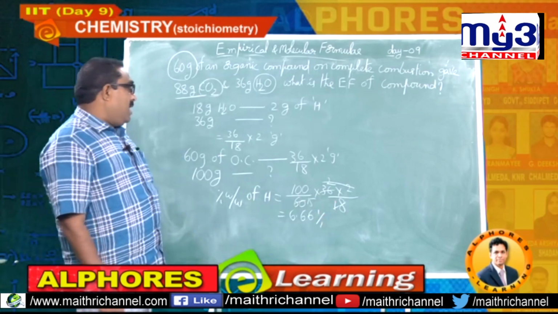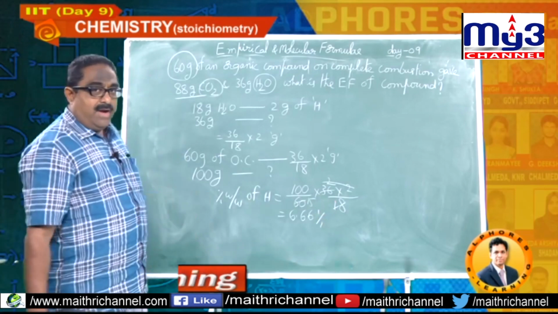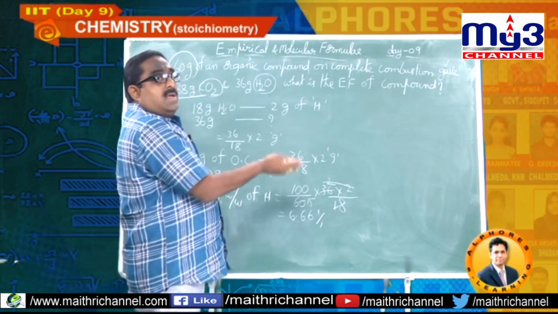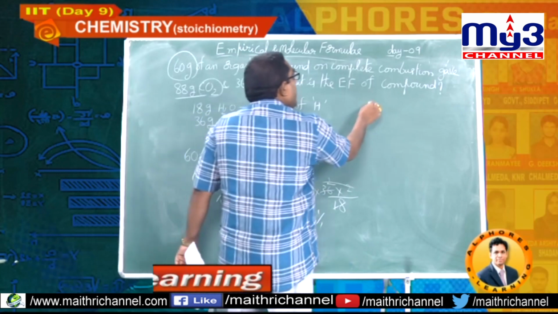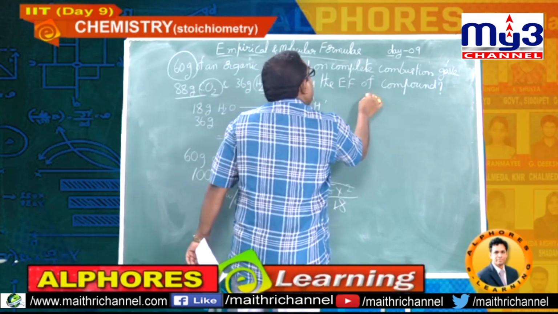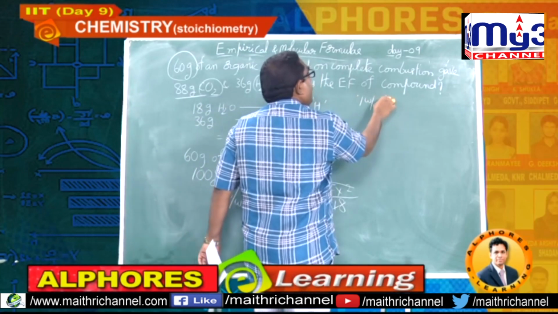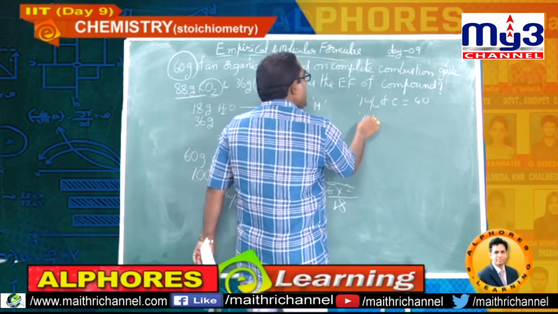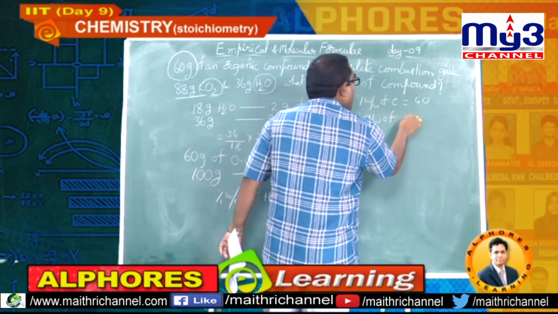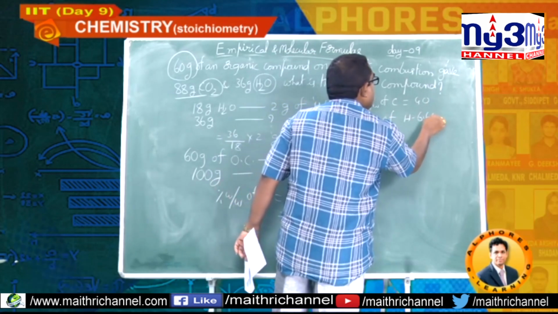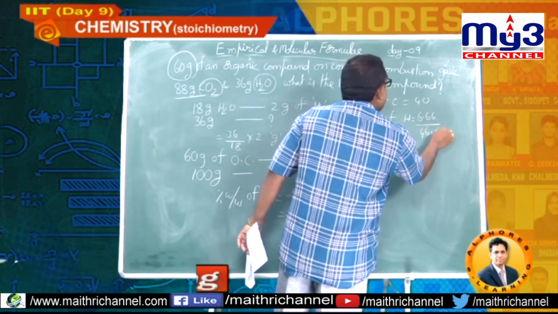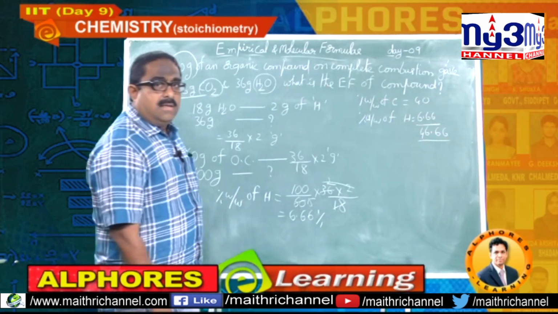So finally I got the mass percent of hydrogen as 6.66. Just now we calculated the mass percent of carbon as 40 and the mass percent of hydrogen as 6.66. The total is 46.66, not equal to 100.